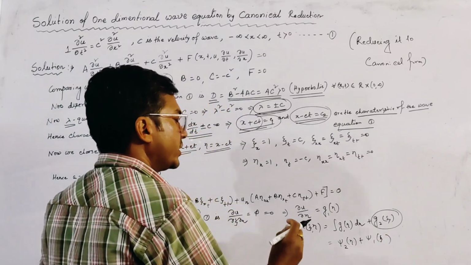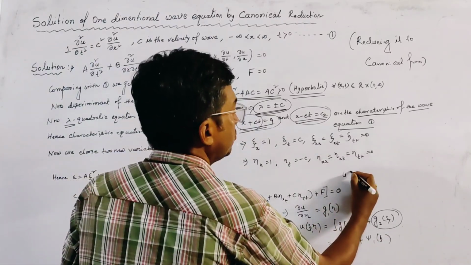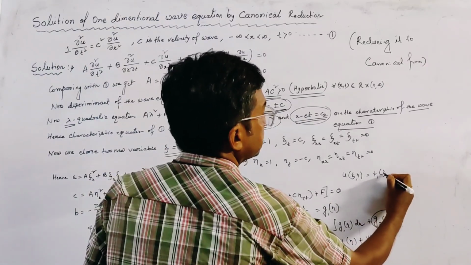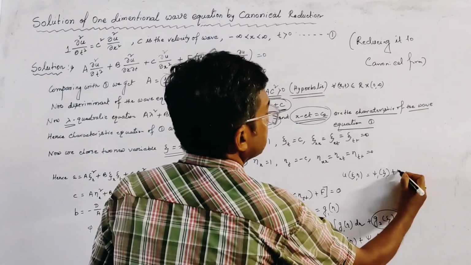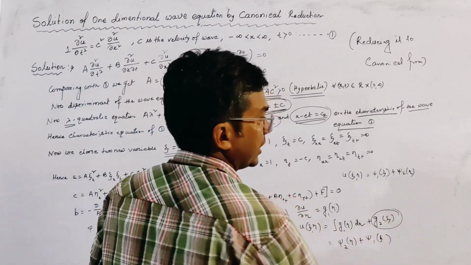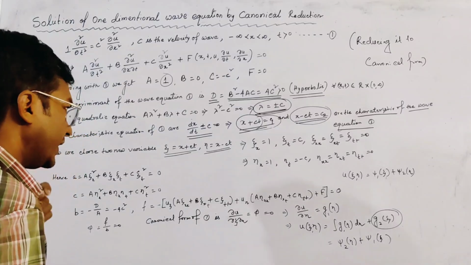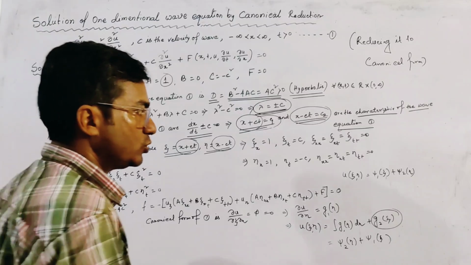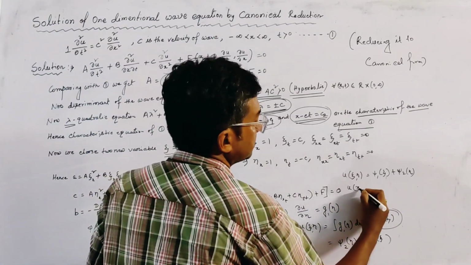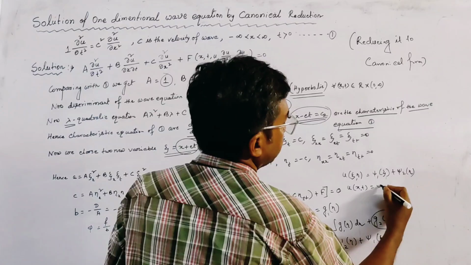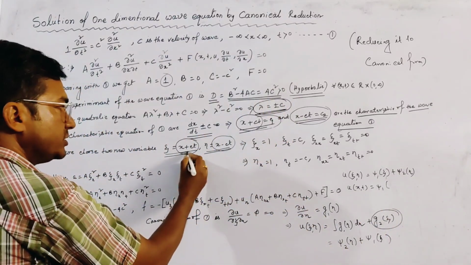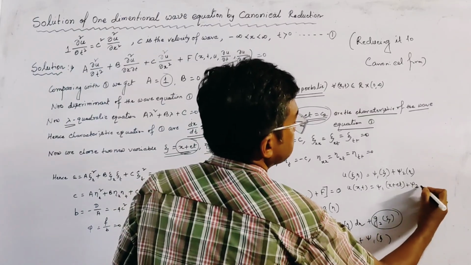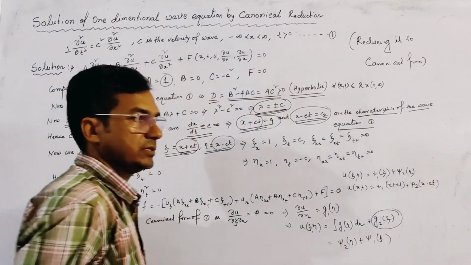Okay, so our general solution u(xi, eta) is given by psi1(xi) plus psi2(eta). And since here xi is a function of x, t and eta is a function of x, t, we write u as a function of x, t and this is given by psi1 of, putting the value of xi, x plus ct, plus psi2 of x minus ct.